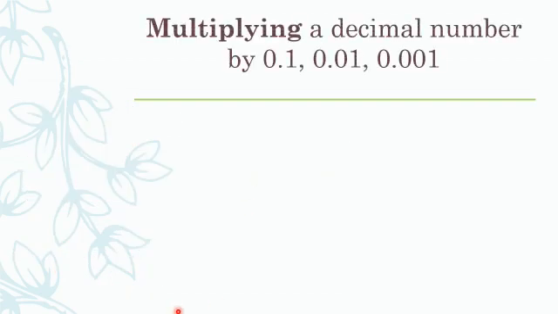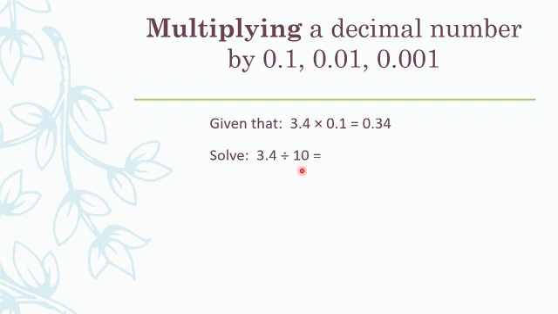And now, multiplying a decimal number by 0.1, 0.01, and 0.001. Given that 3.4 times 0.1 is equal to 0.34, we are going to solve 3.4 divided by 10. Since we are dividing by 10, the decimal point here will be moved one step to the left, as we know.